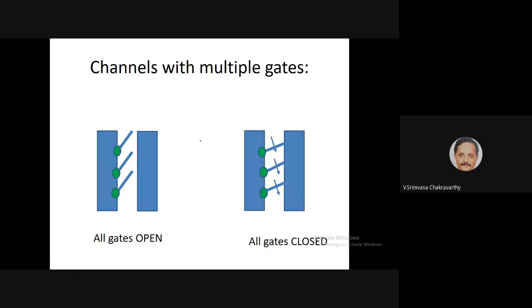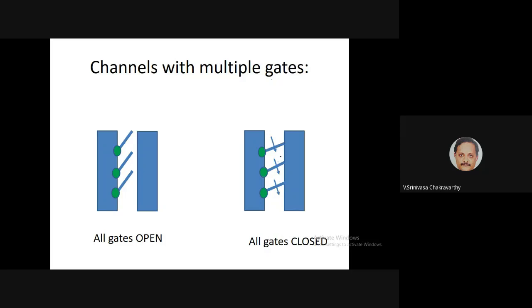That is, in a given channel, the opening and closing is controlled not by overall closure or overall opening of the channel; this is Hodgkin Huxley's original description. They say that there are multiple gates inside the channel, and even if one of these gates closes, the whole channel closes. In the first picture on the left side all gates are open. On the right side, you see all gates are closed.